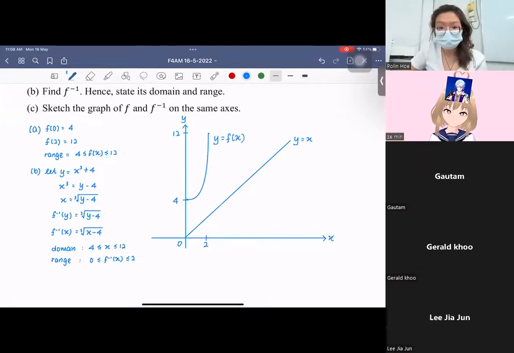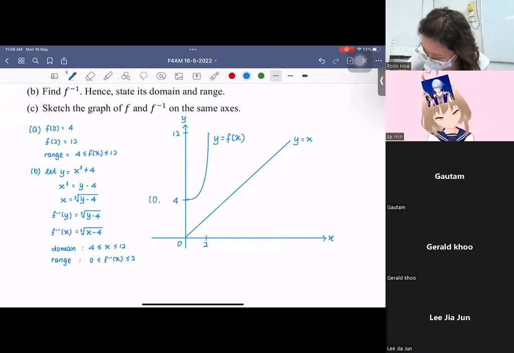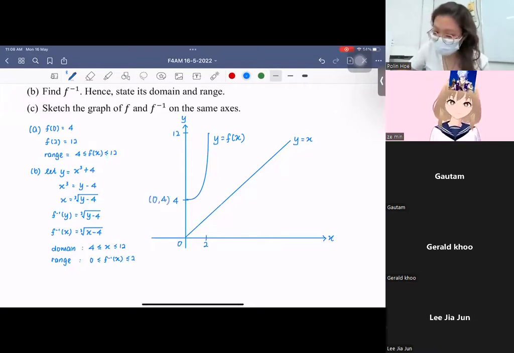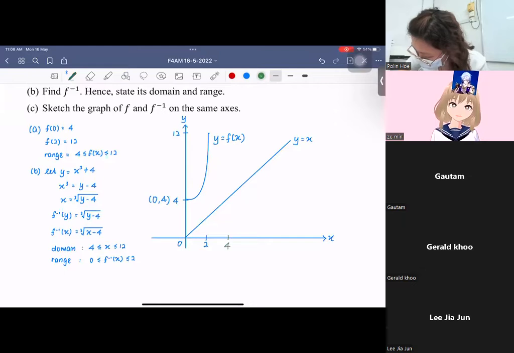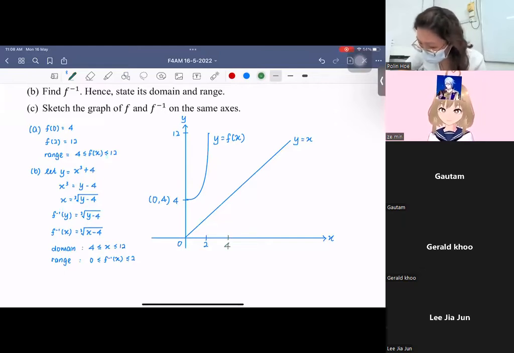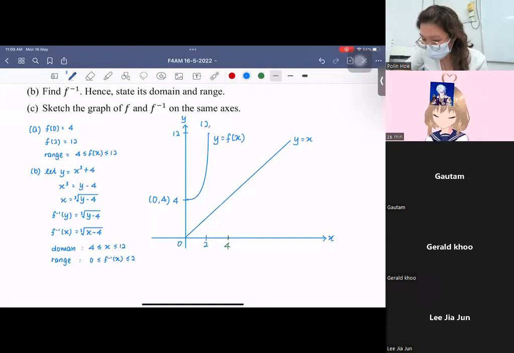Now you listen to me, huh? This point is (0, 4). I shall have a point as (4, 0). This point is (2, 12).